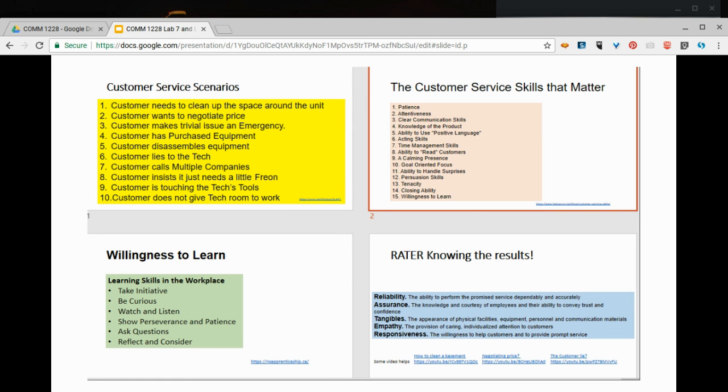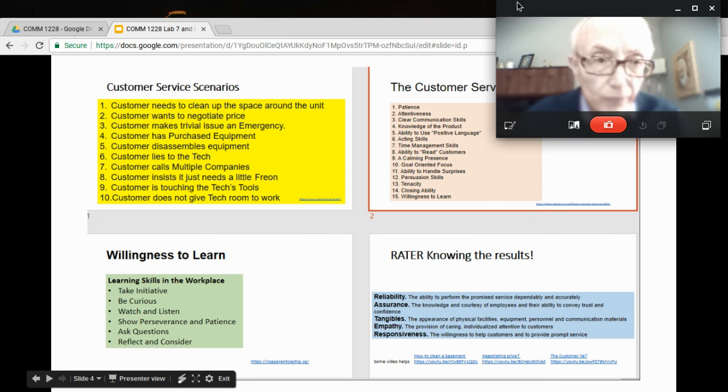Okay, so we need sentences and we need headings for our report. There's a little bit more information about some typical customer service scenarios, some service skills that matter, some of the workplace mentorship ideas in the lower left-hand corner down there.